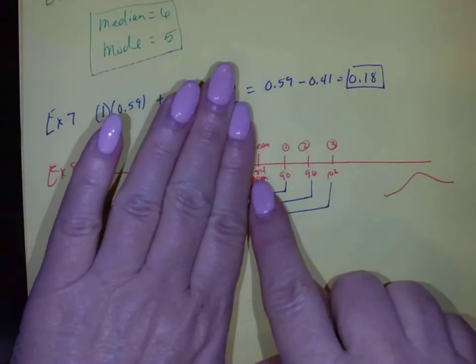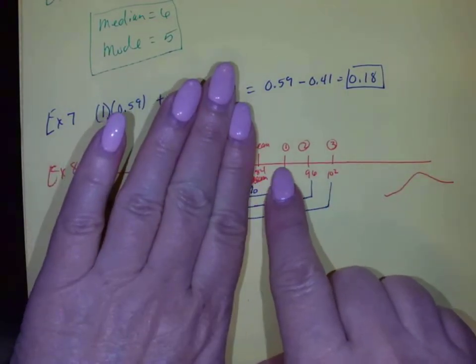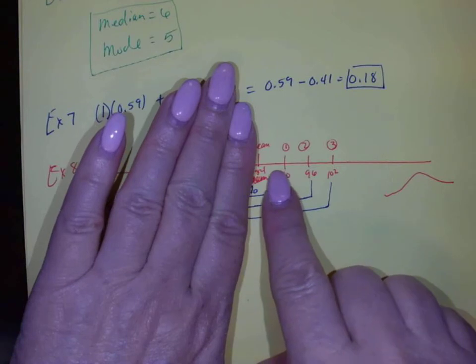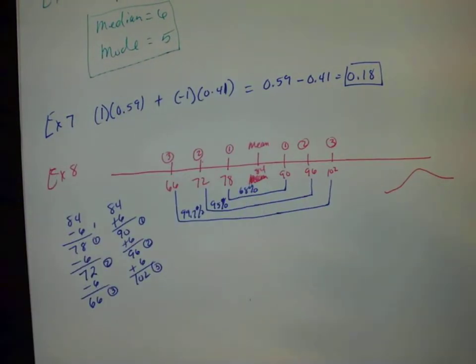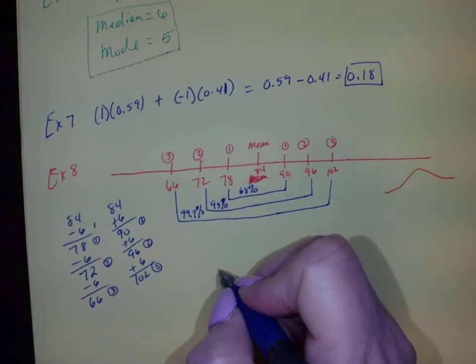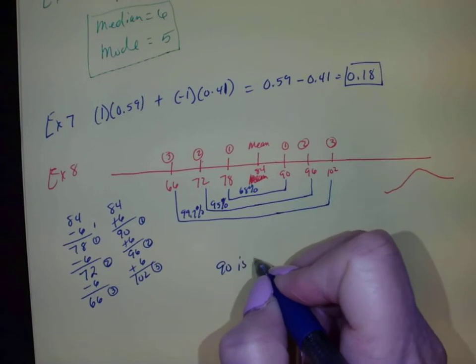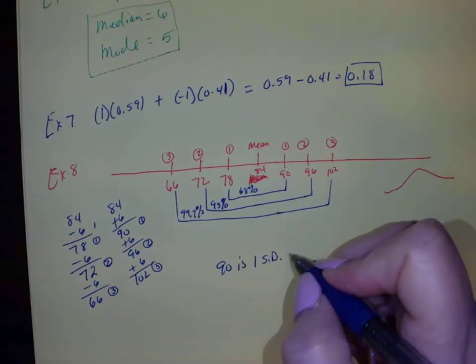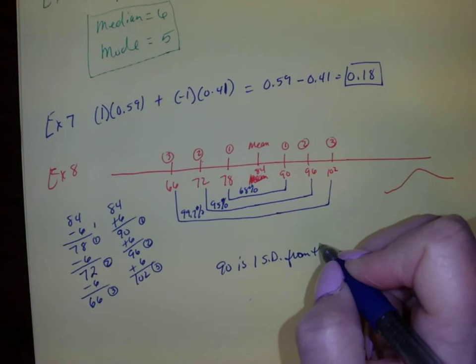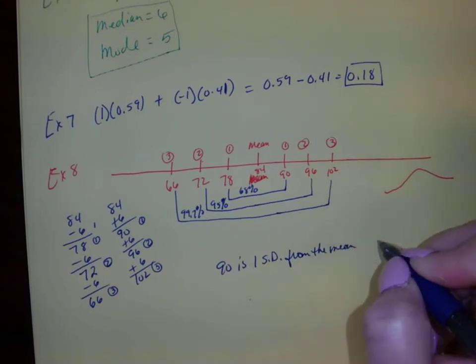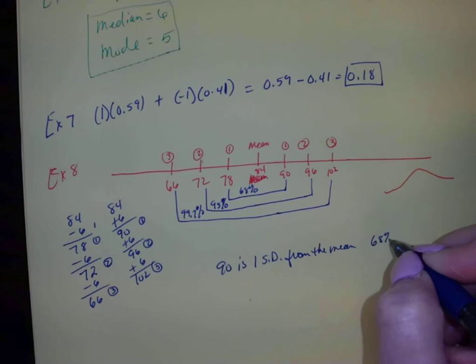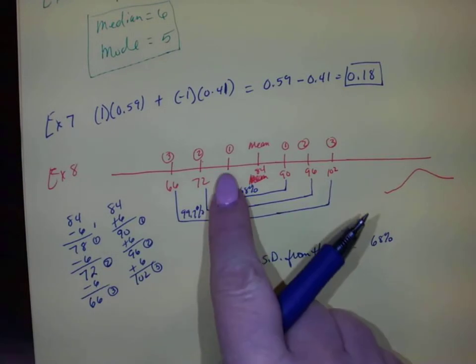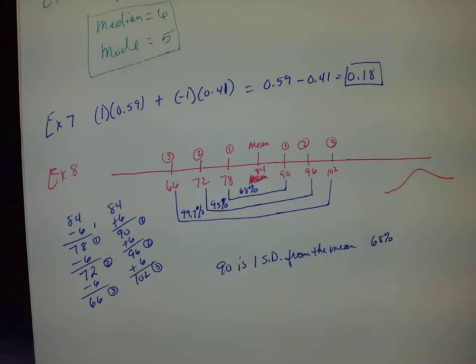Then we have to figure out the percentage right here to add to it. 90 is 1 standard deviation from the mean, so it's within that 68% part.